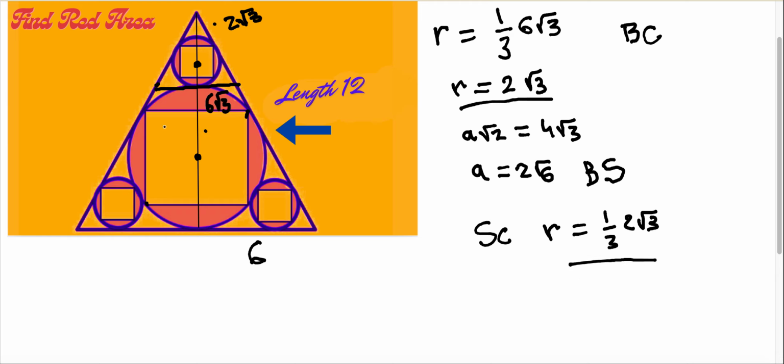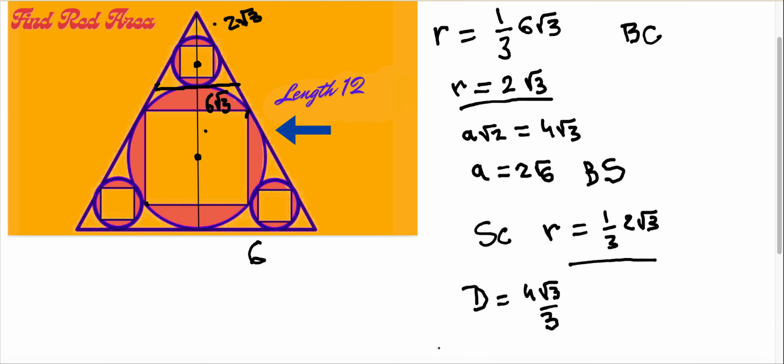But if we look now at the square, we go with the same principle we used here. And we already know if we construct a diagonal here, it divides this square into special 45, 45, 90 degree triangles. And the diagonal is 2 times the radius of the small circle, which is 4 square root of 3 divided by 3.